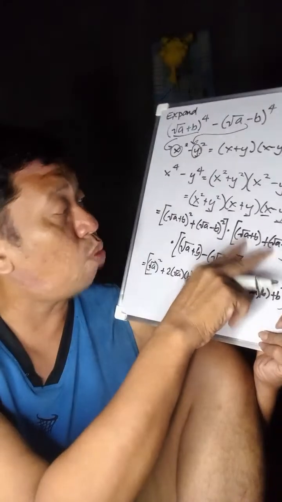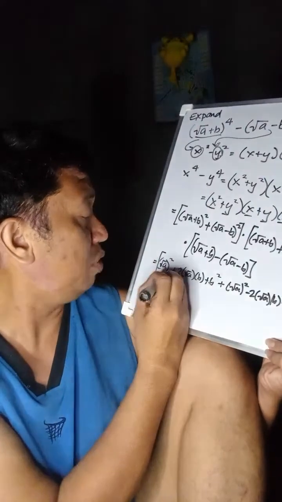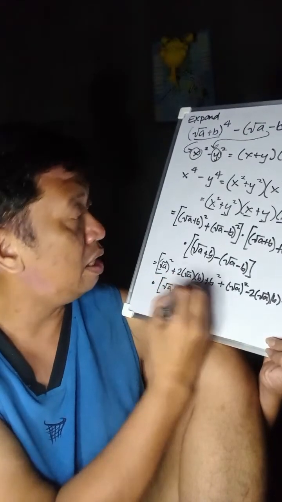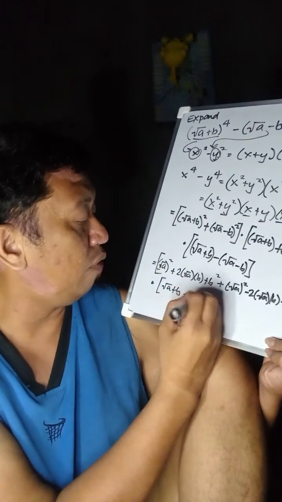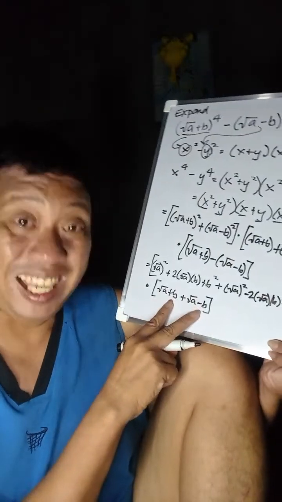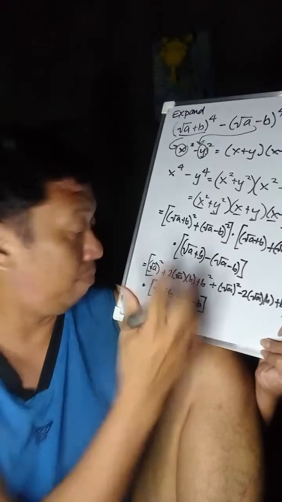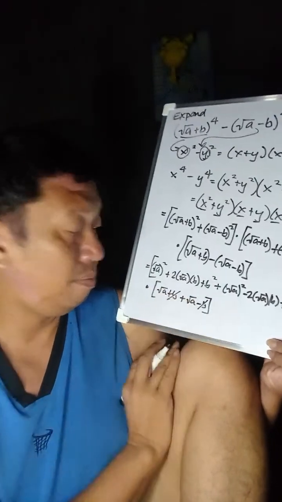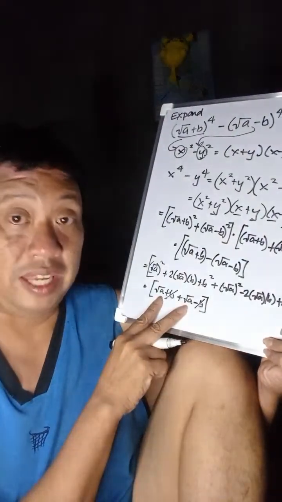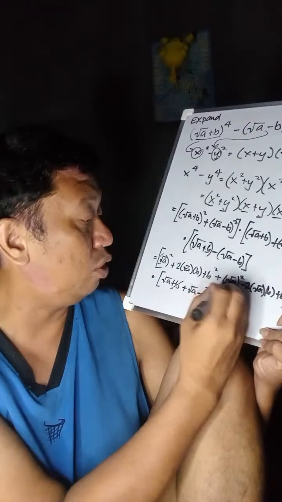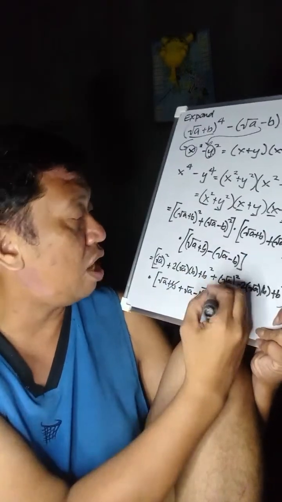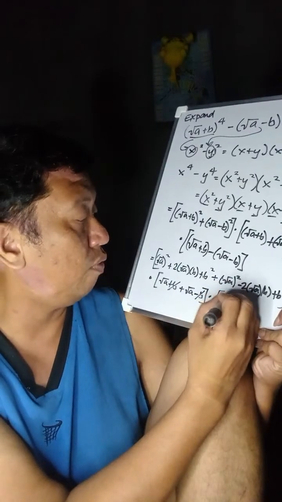Then for this one, times square root of a plus b, plus square root of a minus b. Upon doing that, the b's will be eliminated because these are now opposite, and we will combine the square root of a's, then multiply by 2. This is now square root of a plus b.